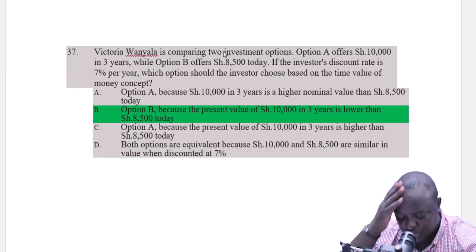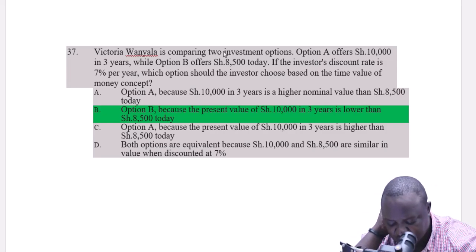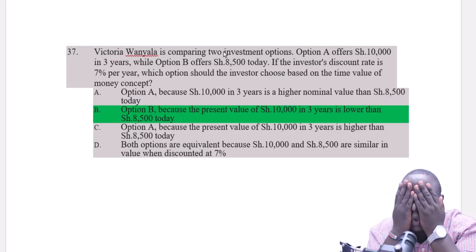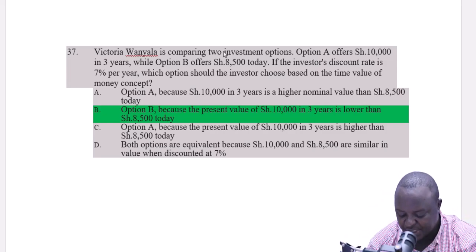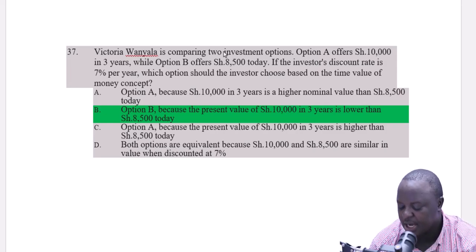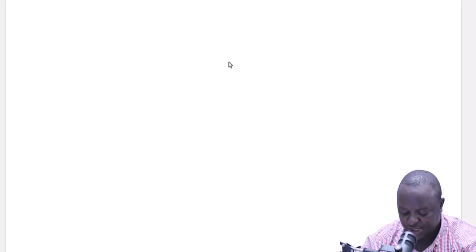So to determine which investment option Victoria should choose, we need to calculate the present value of option A and compare it to the immediate payout of option B. So the decision is based on the time value of money concept using the given discount rate.